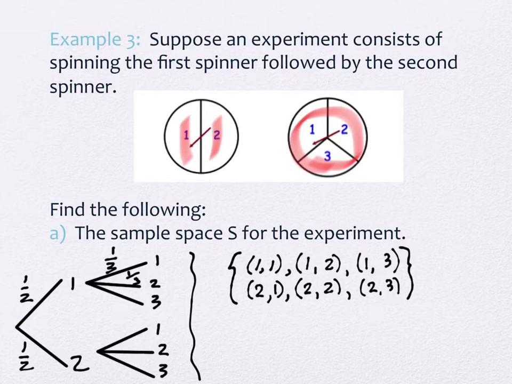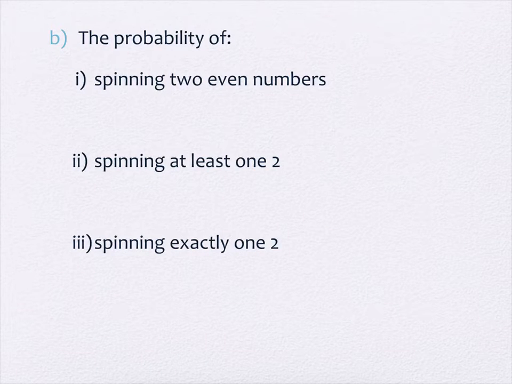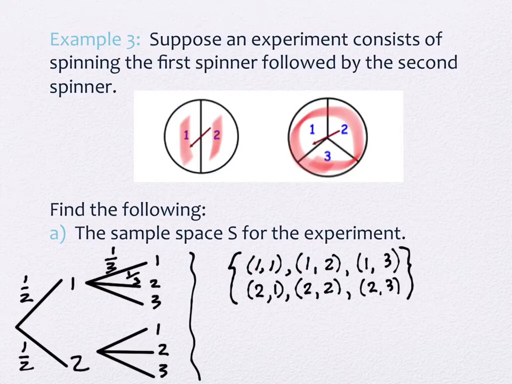These are my options, though, and whether you think about it from the perspective of this sample space or from the perspective of the tree diagram, your answers will be the same for Part B, I, double I, and triple I. So we're going to go back and look at the probability of spinning 2 even numbers. Each of these is equally likely in the sample space. So how many 2 even number places are there? 1, just this one, right?